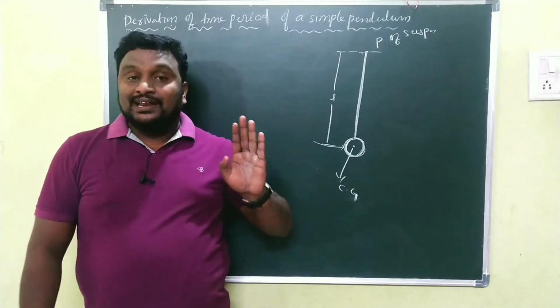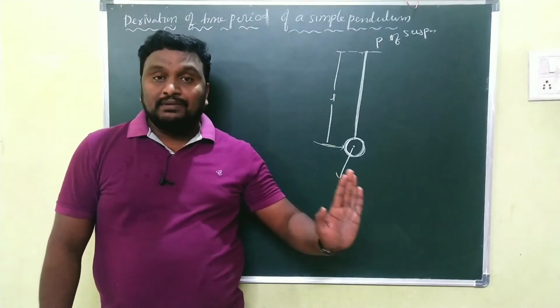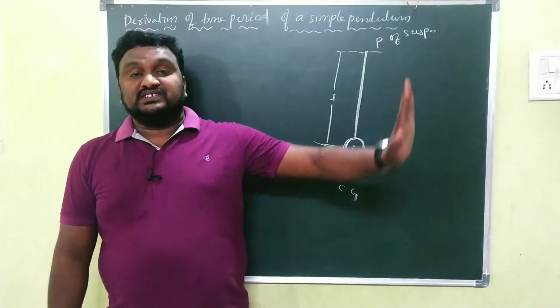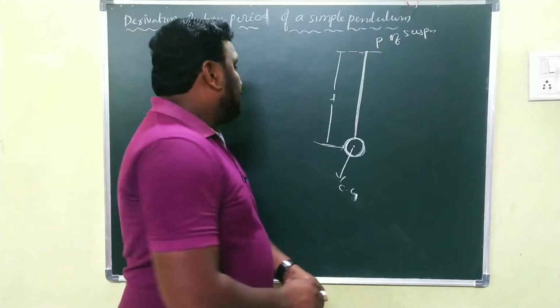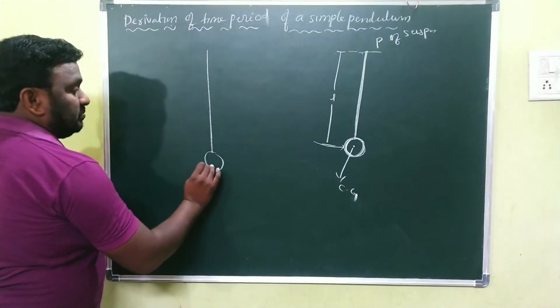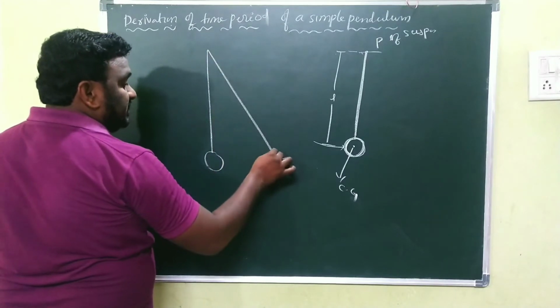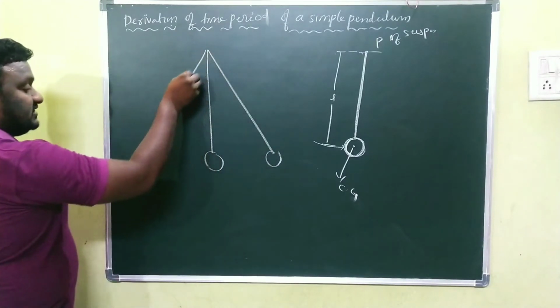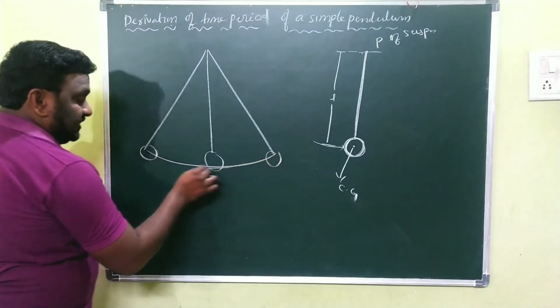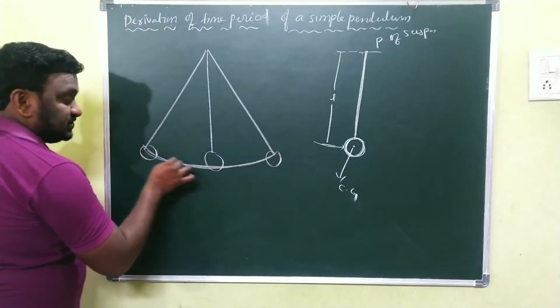If you give a little push, applying a little bit of force, then it will execute oscillations. Here this is the bob, and we push it, and it goes to the extreme position, and again it makes oscillations. Like this, it will execute the oscillations.